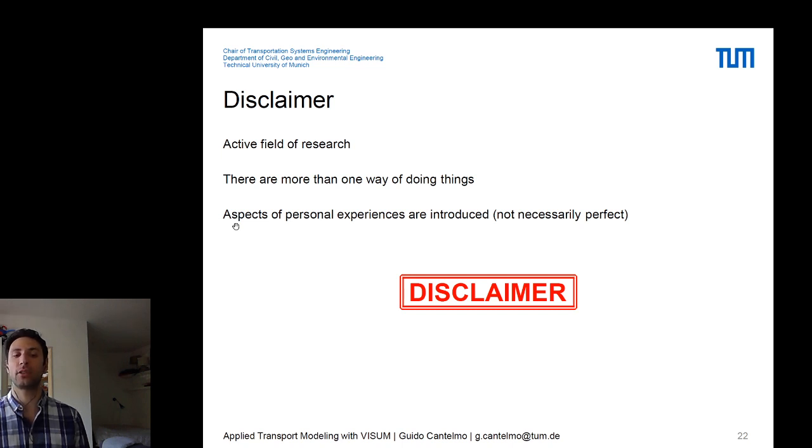In transportation, we need to think and analyze what's the best decision to make in each specific situation. So that's something that we have to take into account. We are going to give a very general overview. This might not always be the best practice. This is just the standard and the basic mechanics behind transportation modeling, behind working with Visum.